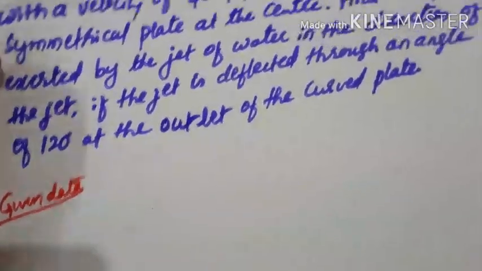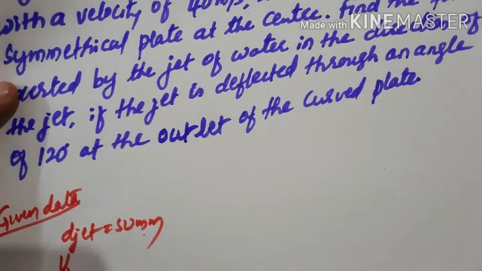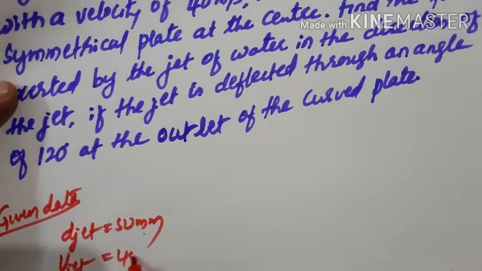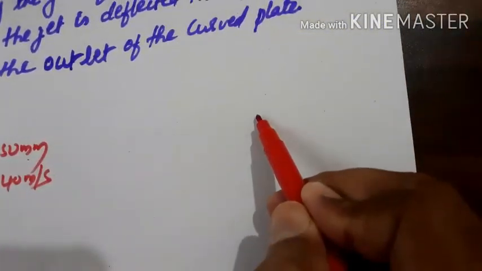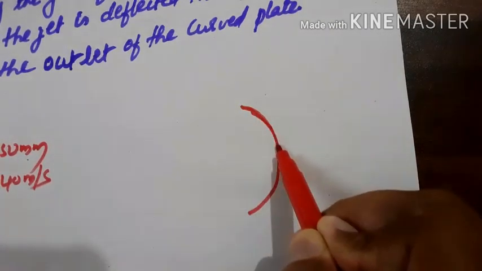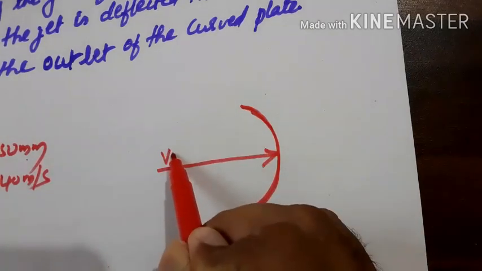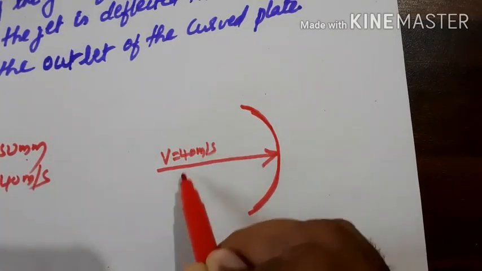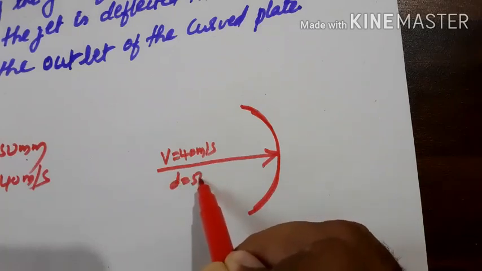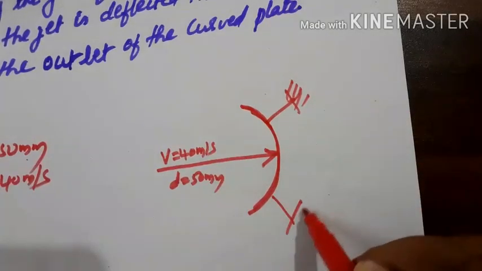In this one the data given here is: diameter of jet is 50 mm, and velocity of jet is 40 meter per second. Here the jet is striking the curved vane at the center with a velocity of 40 meter per second, and the jet diameter is 50 mm, and the vane is fixed, that is stationary.